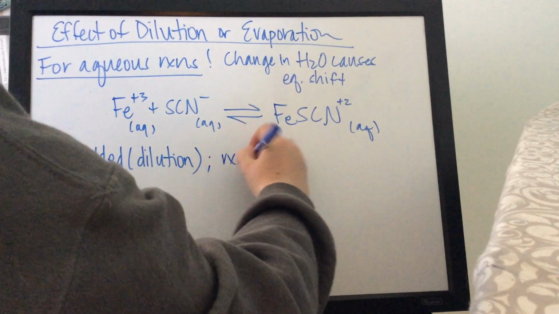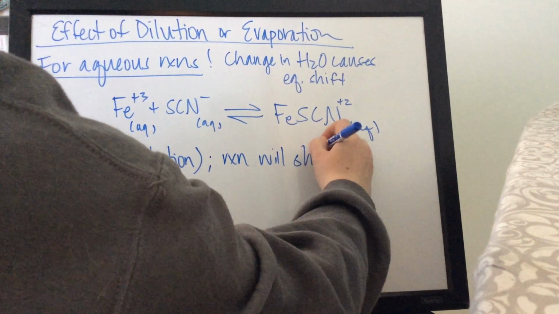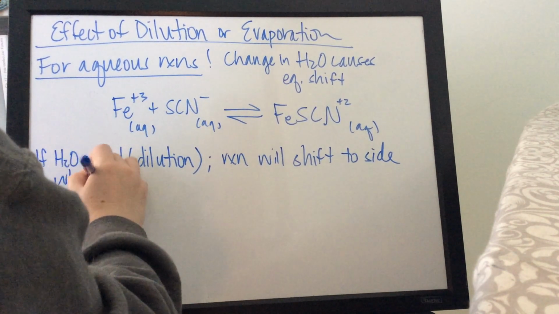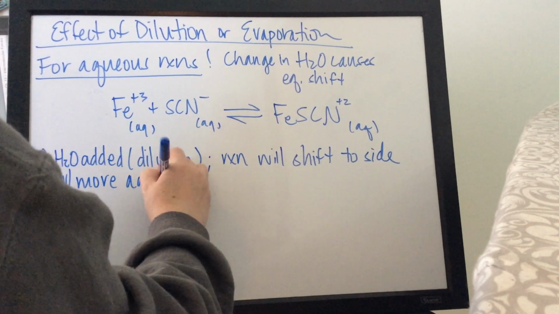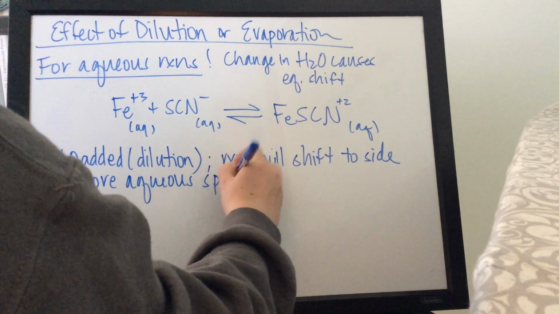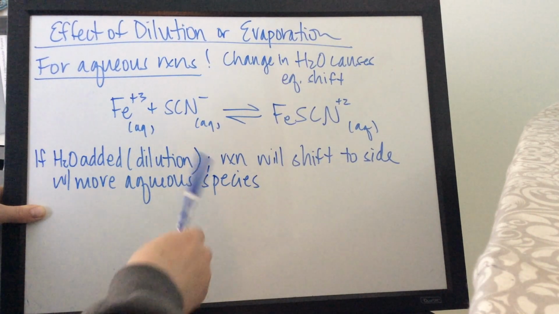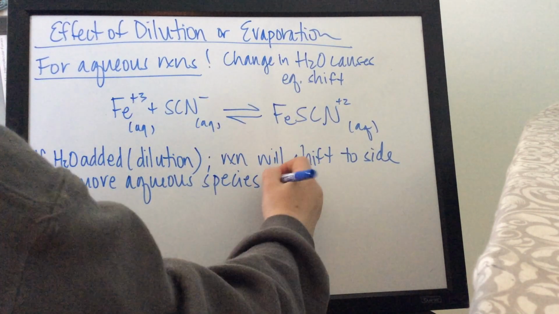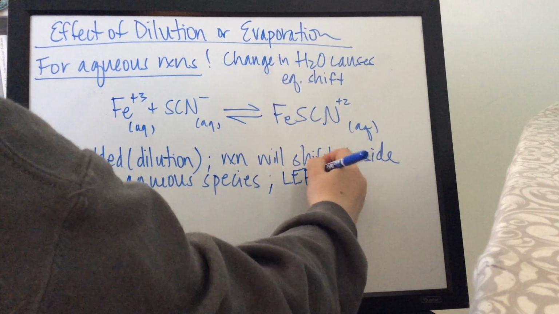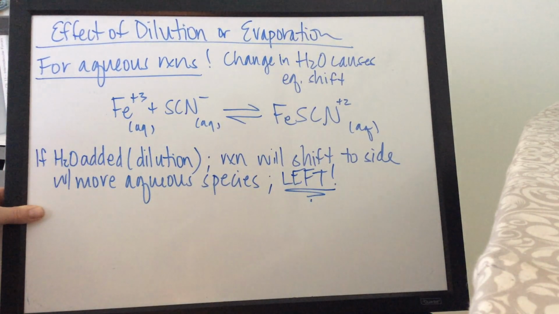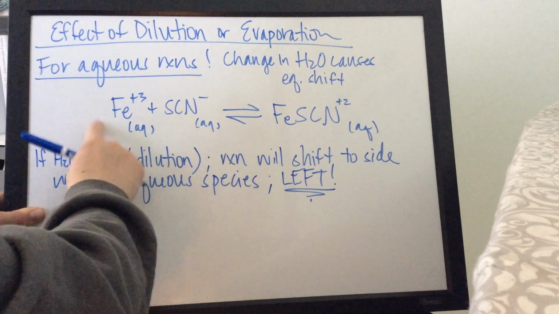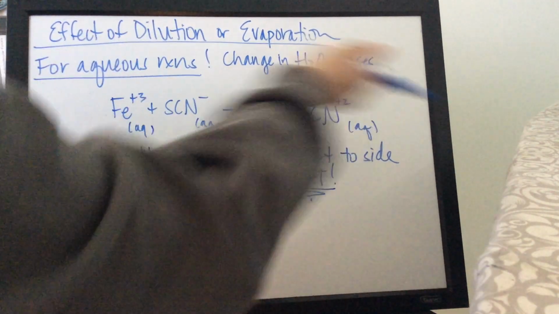So the reaction will shift to the side with more aqueous species. So in this case, it would shift to the left because there's 2 things versus 1. Okay, and it's making up for the fact that it's too dilute, right? So we're increasing that. We're creating more, it's a 2 for 1 deal. So we're going to shift this way to make more.